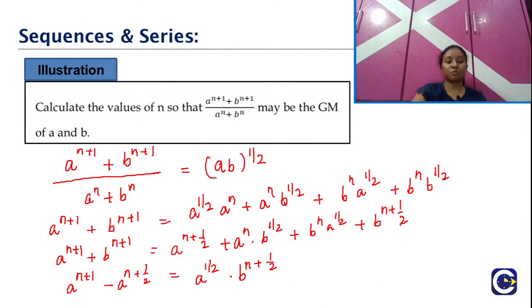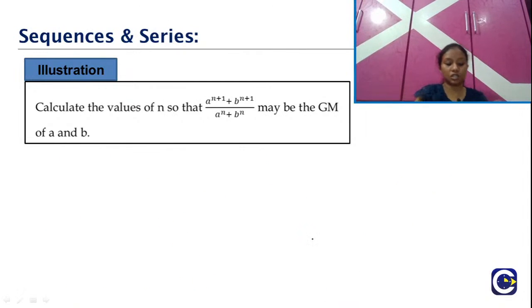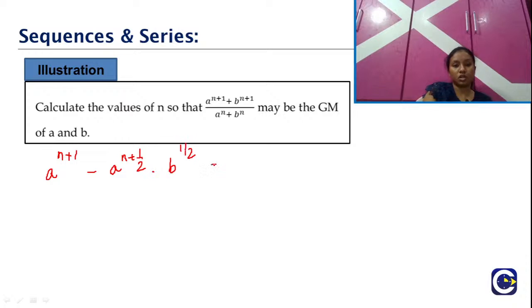So you can just do the simplification further. After this it will turn out to be a^(n+1) minus a^((n+1)/2) into b^(1/2), which will be equal to a^(1/2) b^((n+1)/2) minus b^(n+1).